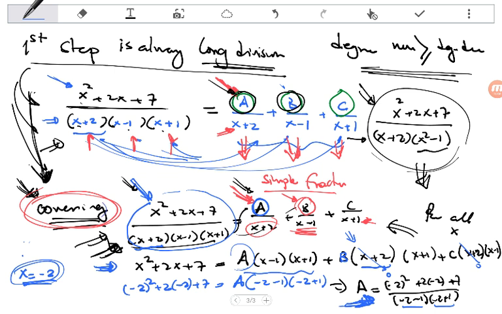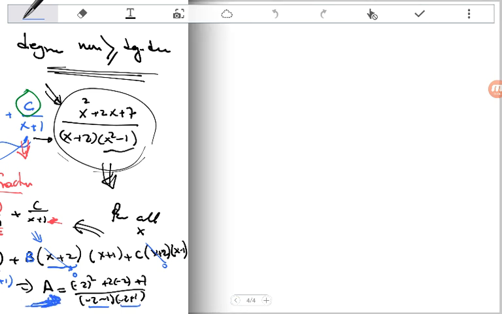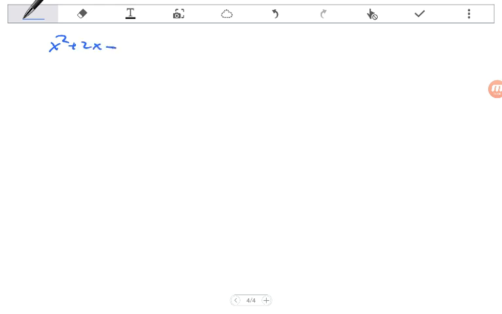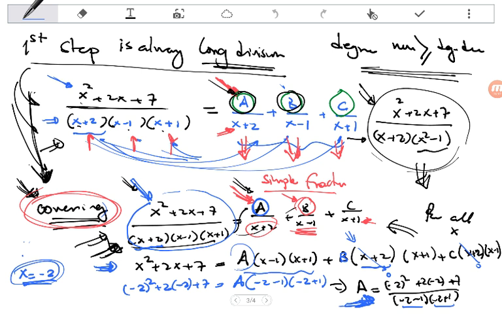I will write the problem again. X squared plus 2x plus 7 over x plus 2, x minus 1.